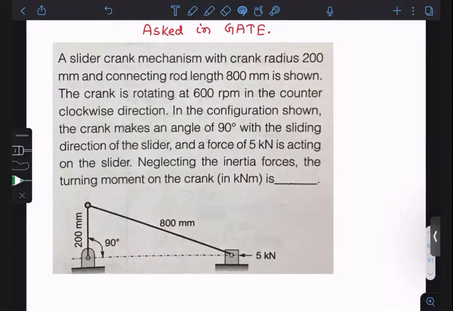Can anyone tell me the right answer for this? Can anyone solve this?